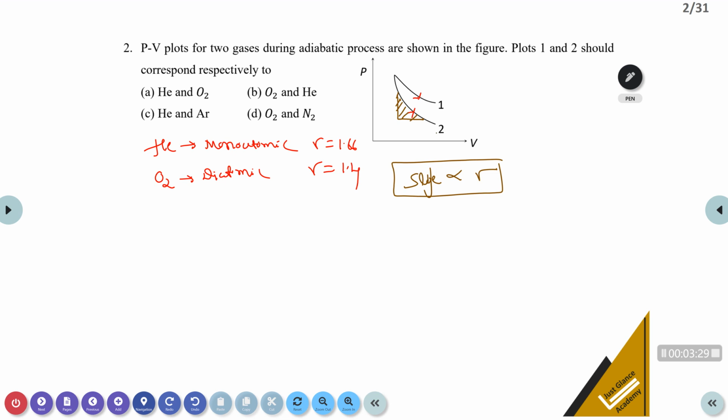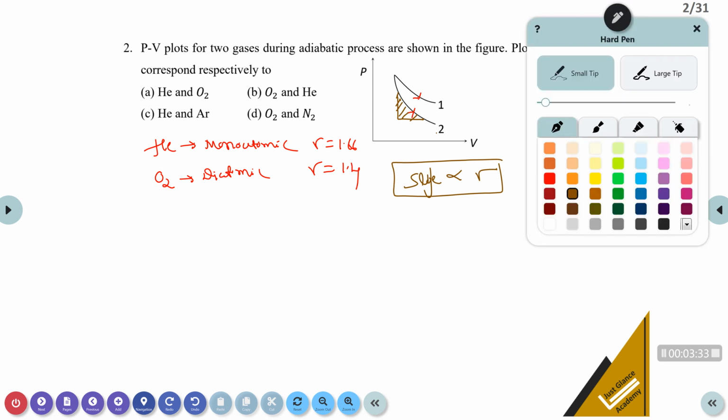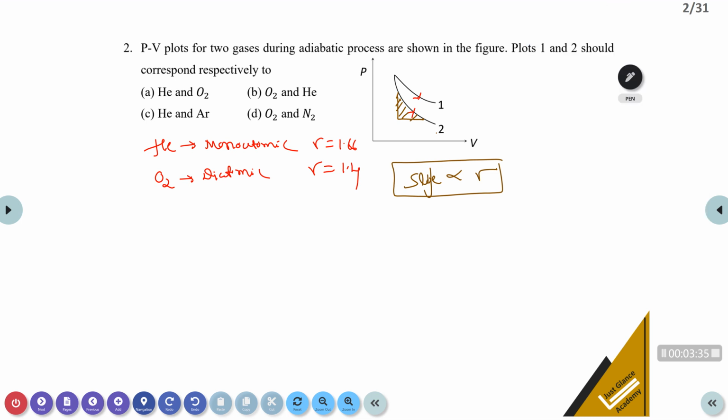Gamma is more for curve 2, so certainly this represents the monoatomic gas. Curve 2 is helium and curve 1 is oxygen. So this is the right answer.